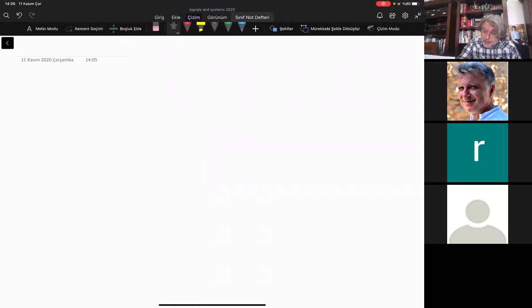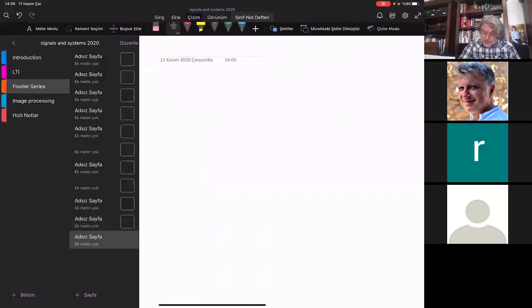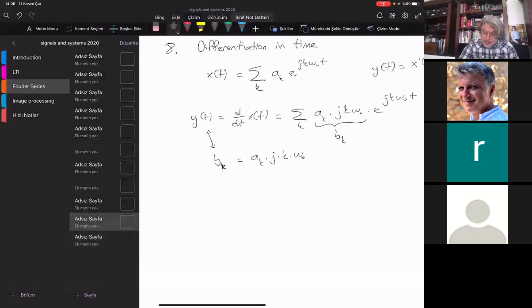By the way, before starting the example, since we require it from the second or third example, I have to indicate one important issue regarding this last property of differentiation in time, and that is, except for k equal to 0, because when k is equal to 0, it corresponds to the DC coefficient, B0 or A0 or whatever.